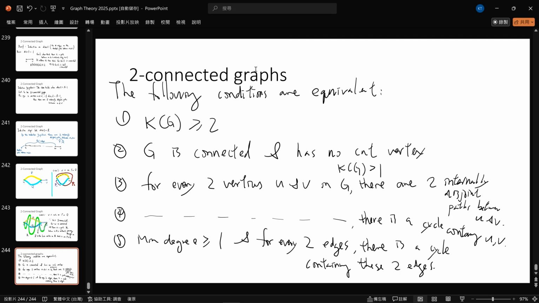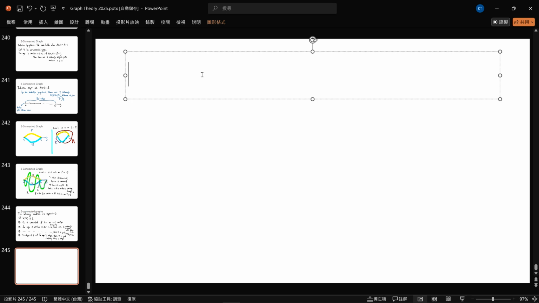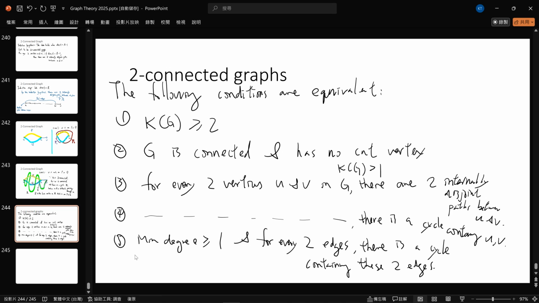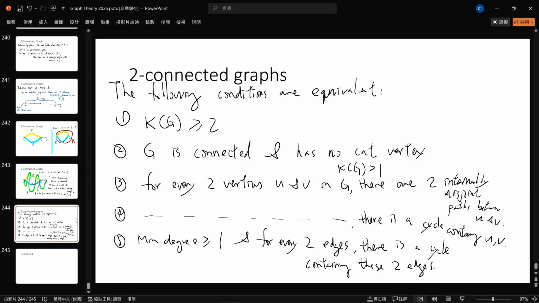Maybe I have time for one proof. So let's prove 5 implies 4. That is, if you know that the minimum degree is at least 1, and for any two edges, there's a cycle containing this pair of edges, then for any two vertices in the graph, there's a cycle containing these two vertices.